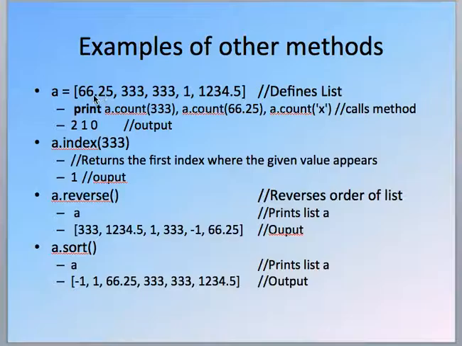That shows up once, which it does, and 0 for X comes out. And here you can find out where something is located. You can see 33 shows up at 1, and remember that your indexes are 0, 1, 2, 3, 4, and so on. So this is the one spot, that's 0.